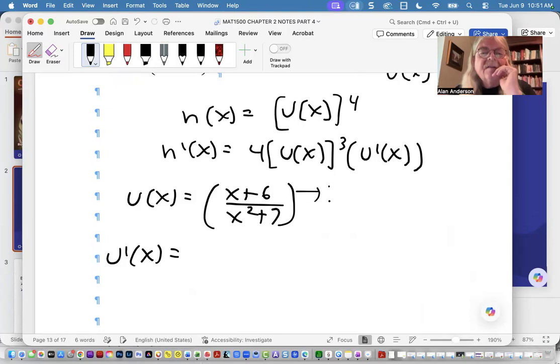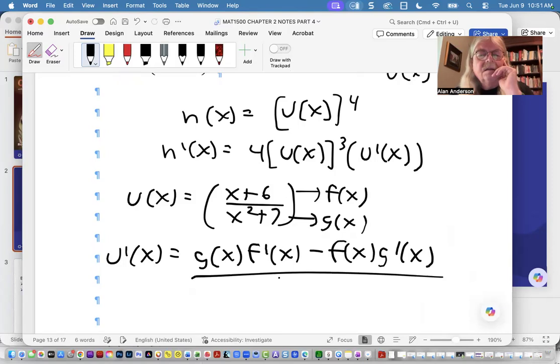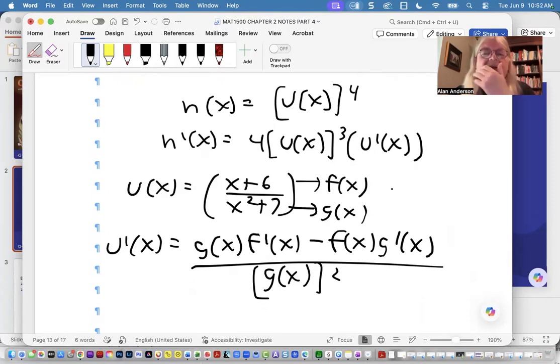So think of this as f of x and g of x. And so we're going to have, and then we'll just plug them in. Now, this implies up here f prime of x would be 1. G prime of x will be 2x.